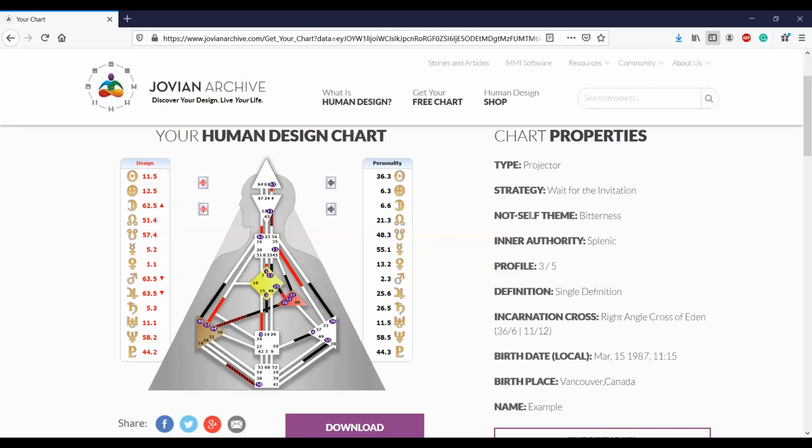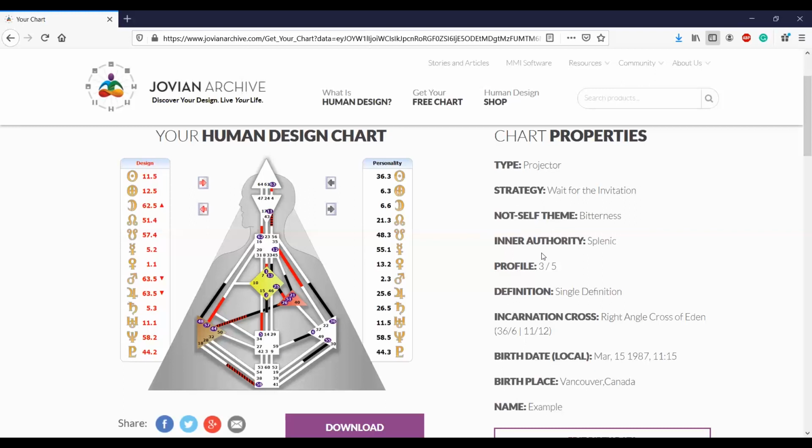That is also an emotional theme, the most challenging emotion for someone to bear when they aren't living their design, when they are working against their natural flow or pushing in the wrong direction. And in this case, for projector, we have bitterness.